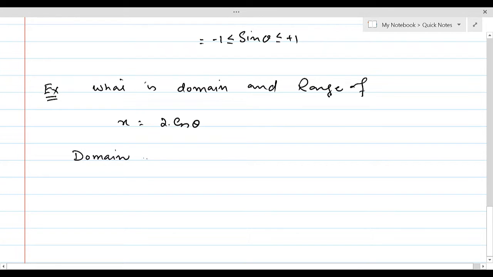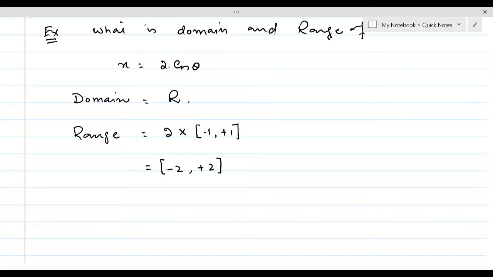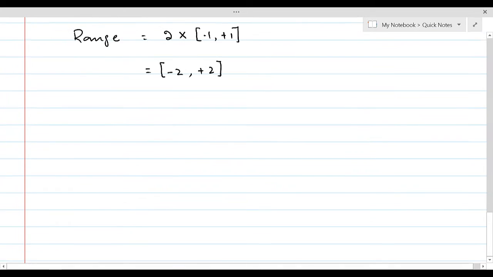Domain will be equal to R, but the range will be 2 multiplying with that interval minus 1 to plus 1, and this will give you the interval for the range equal to minus 2 to plus 2. So whatever is the vertical stretch, the number multiplying outside, that will multiply with every possible value of sine theta or cos theta, and that will give us the range. Now we want to define another function.